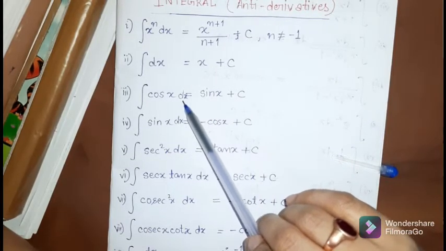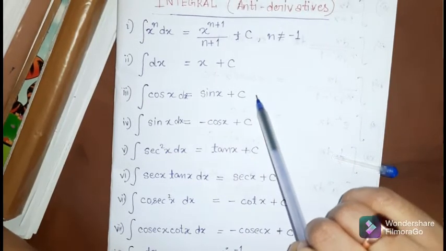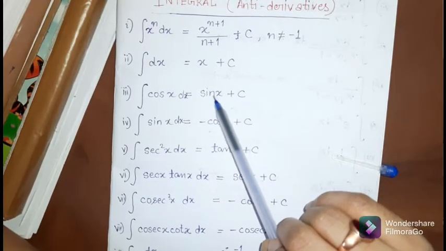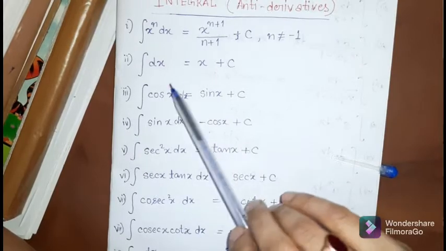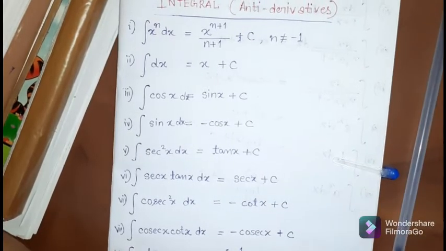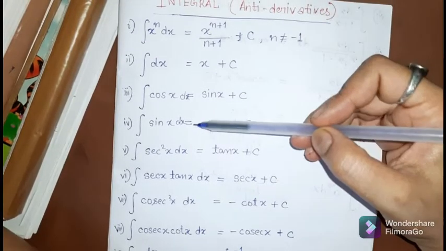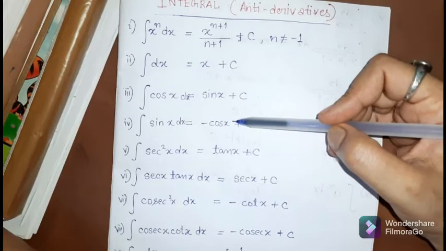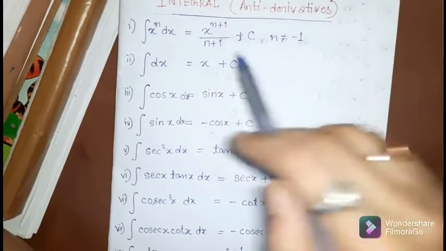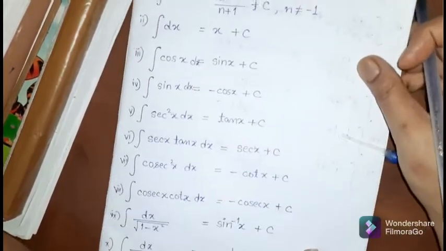Now, integration of cos x dx is sin x plus c, and differentiation of sin x is cos x and integration of cos x is sin x. They are inverse. Similarly, integration of sin x is minus cos x and differentiation of cos x is minus sin x. So these formulas are inverse of each other.